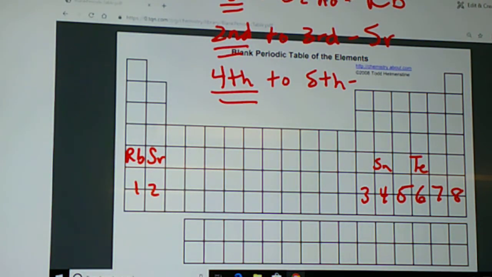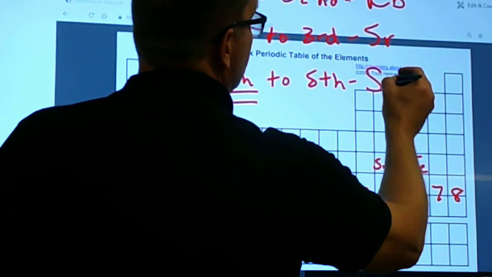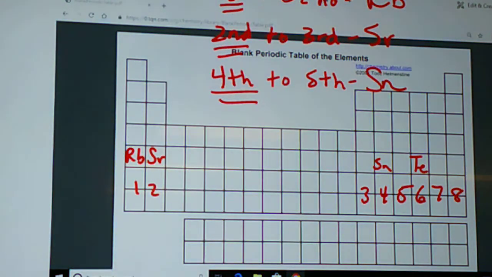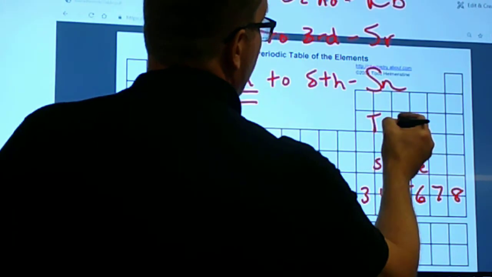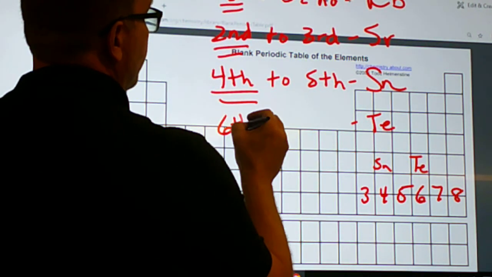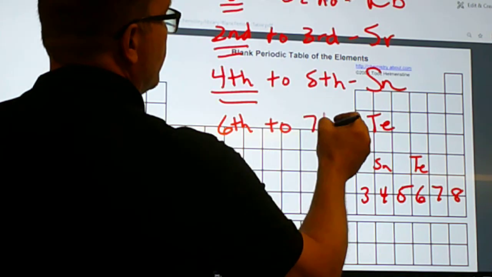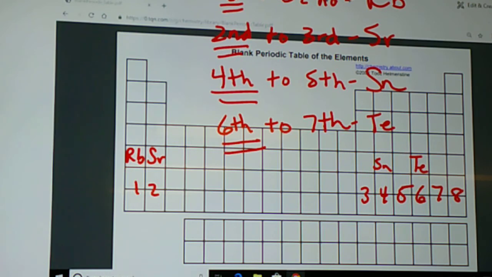Which one has the highest 4th to the 5th ionization energy? So that would basically be removing 4 electrons. Now let's go with Te. Well, that's 6. Highest increase? 6 to 7. Make this nice and simple, and it makes life a whole lot easier with this.